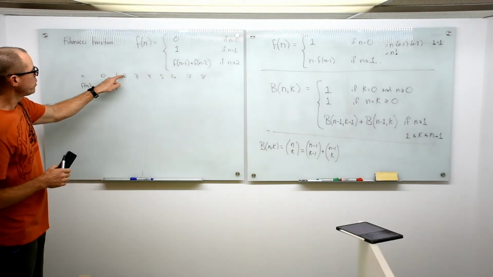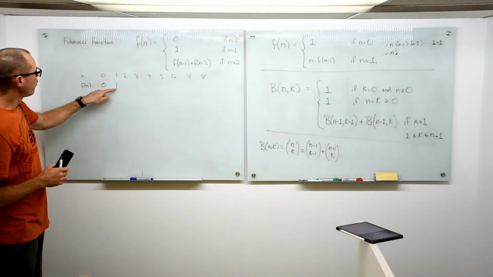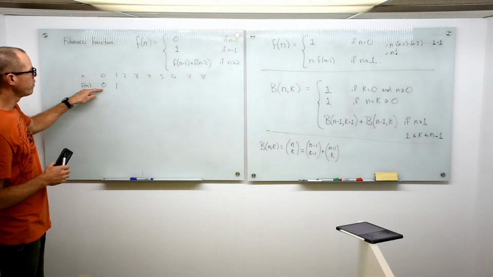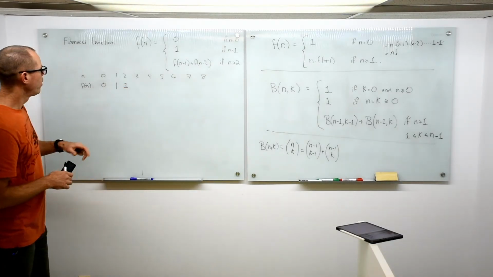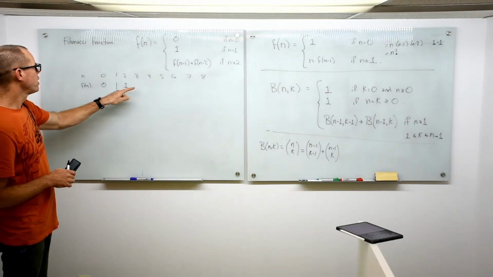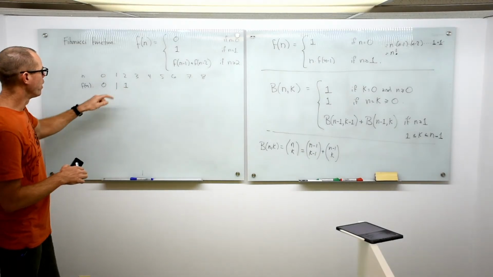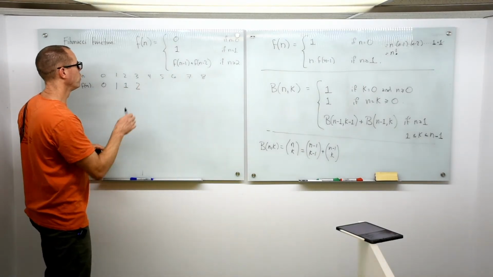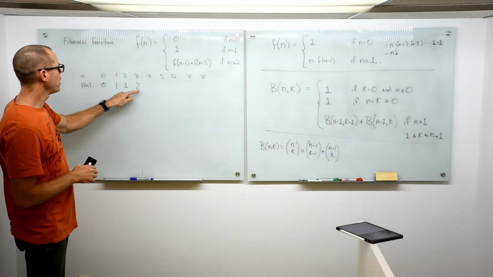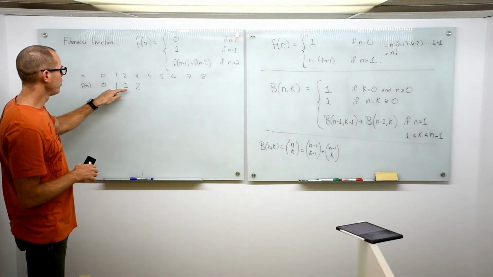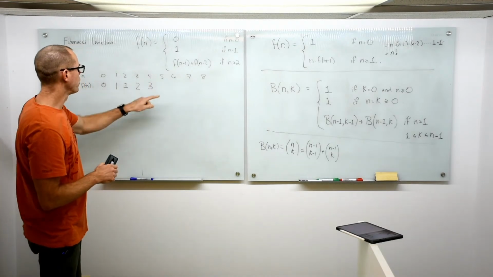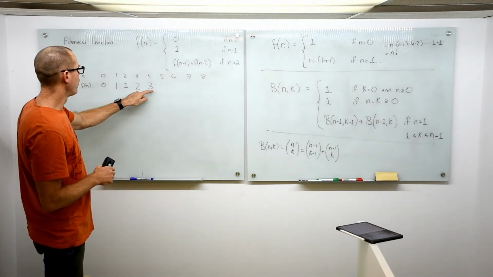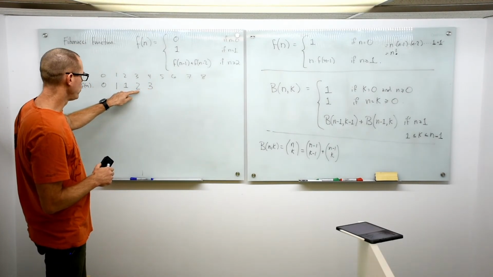But when n equals 2, it's f of 1 plus f of 0. So it's also 1. When n equals 3, it's f of 2 plus f of 1. So that's 2. When n equals 4, it's f of 3 plus f of 2. That's 3.